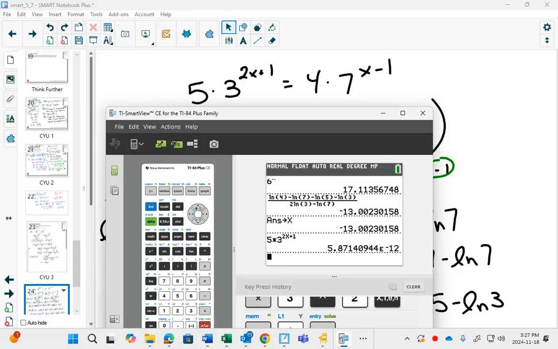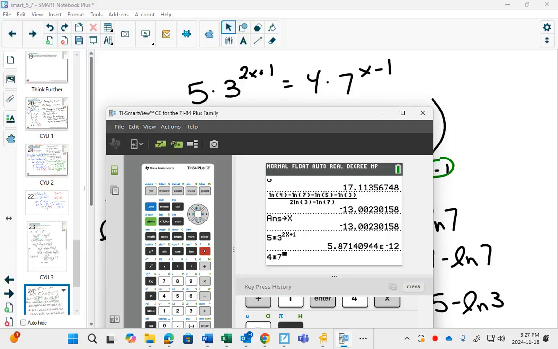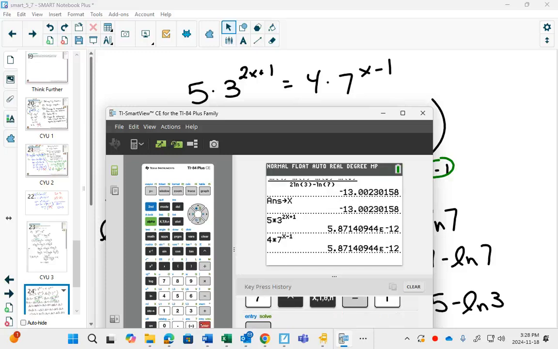Enter. 5.87 times 10 to the negative 12. And 4 times 7 to the exponent of x minus 1. Moment of truth. Nice.